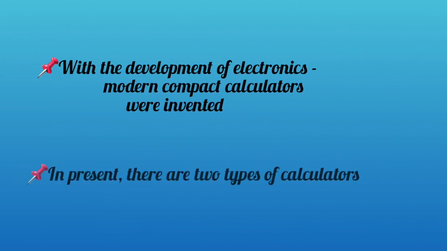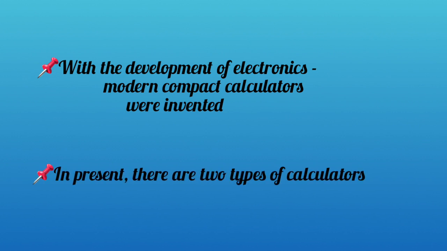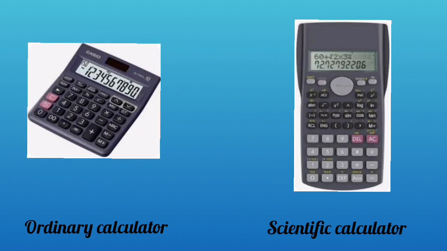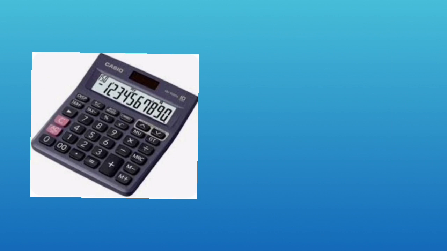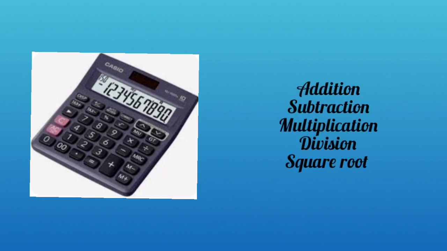At present, there are two types of calculators: the ordinary calculator and the scientific calculator. By using ordinary calculators, normal mathematical operations such as addition, subtraction, multiplication, division, and also square roots can be performed.